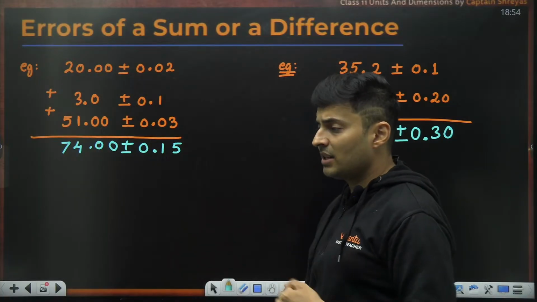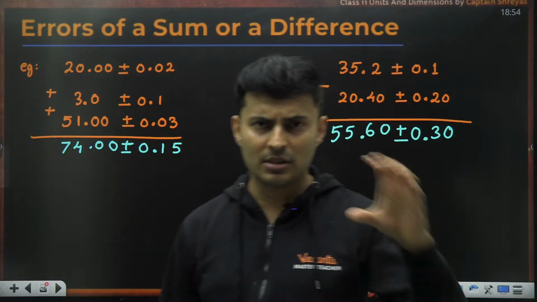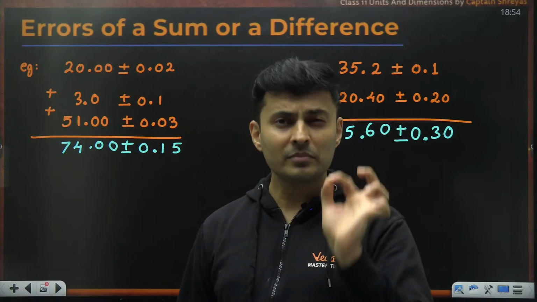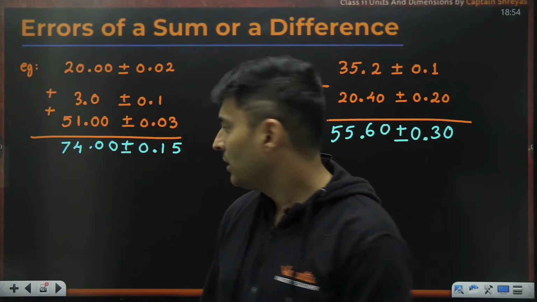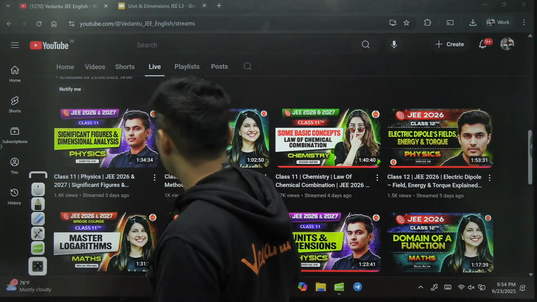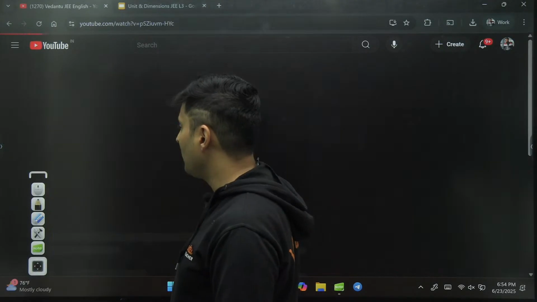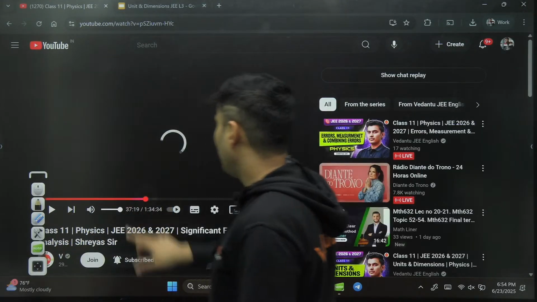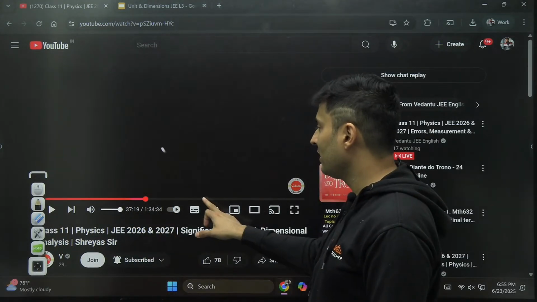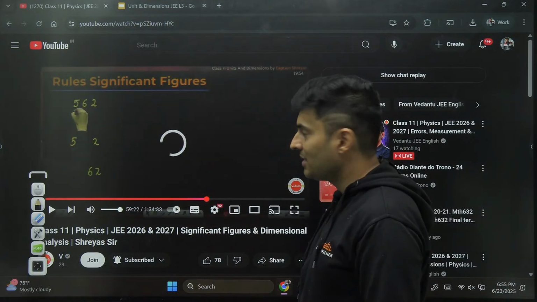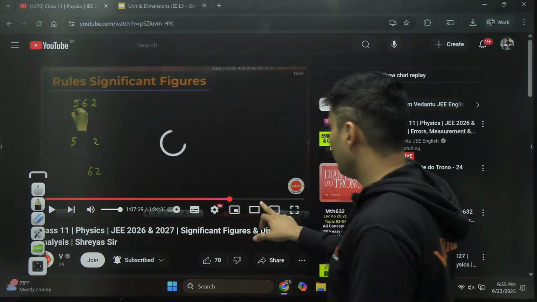See, in the previous topic, I have already told that whenever you add and subtract, well, some of you might have missed this. Yeah, we did this significant figures dimensional analysis. We talked a lot about significant figures and how to add them and subtract them, rules for significant figures, right?